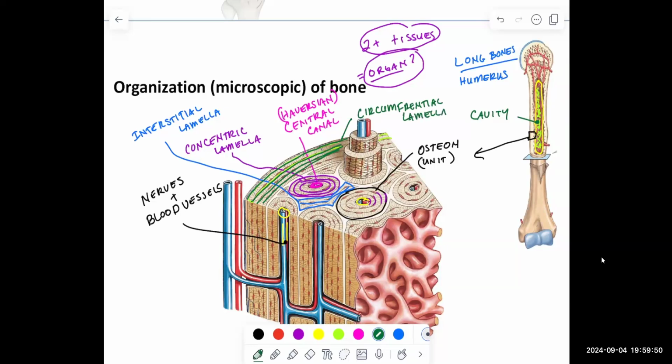It goes around the circumference of the bone. So there are 1, 2, 3 types of lamella. I believe I asked that in the reading guide, and some students don't know how to answer that. That's what I'm asking you. There are three types of how the bone layers are arranged to make hard bone.